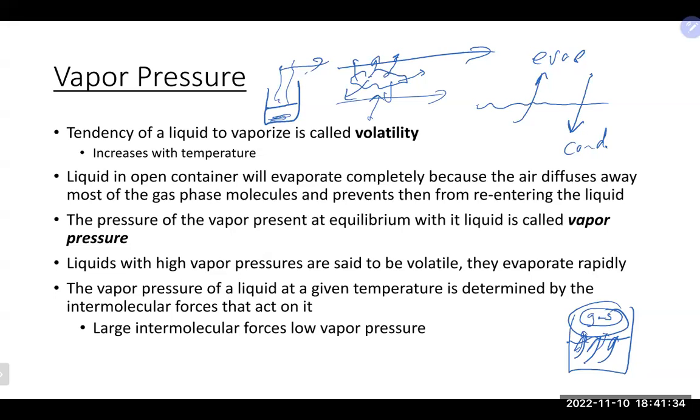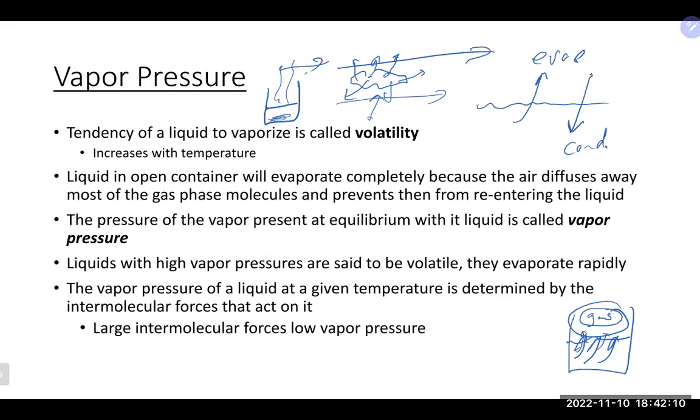The vapor pressure of a liquid at a given temperature depends on the intermolecular forces that act on it. Things with large intermolecular forces tend to have low vapor pressures. Why? Because they're held together tightly, it takes a lot more effort to get them into the gas phase.